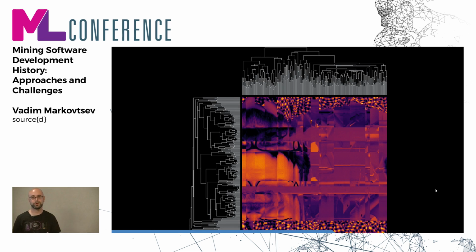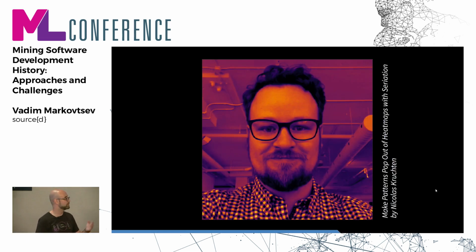You will not be able to recover it. However, it is possible to recover, surprisingly, and this is how it looks. This is Nicolas Kruchten in his blog post. So he applied the technique called seriation to recover the original photo from these shuffled rows and columns, which seems impossible, but it's possible.